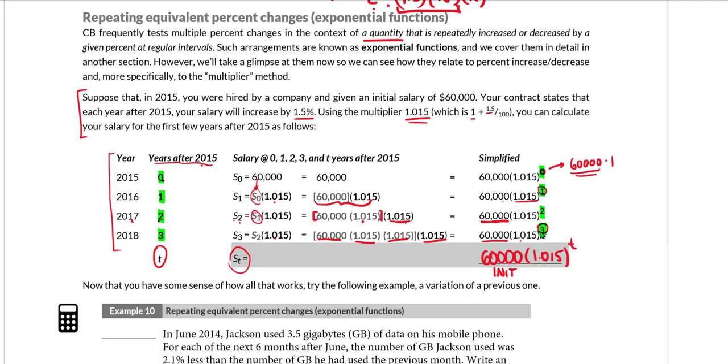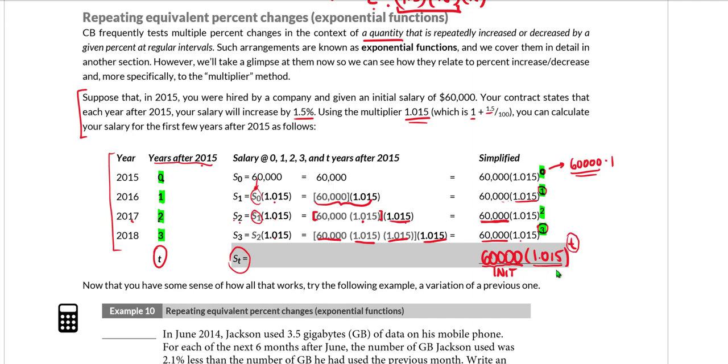So 3 years after, 3 multipliers, 4 years after, 4, 5 years after, 5, and so on and so forth. This is how exponential functions work. Exponential functions work by multiplying an initial value by some multiplier. In this case, that multiplier was found by a percent increase, and every time another year passes, we multiply by another multiplier.